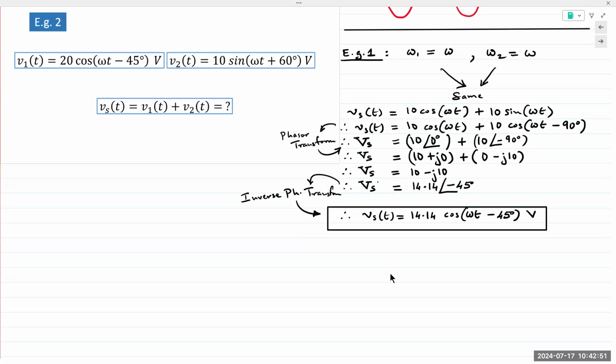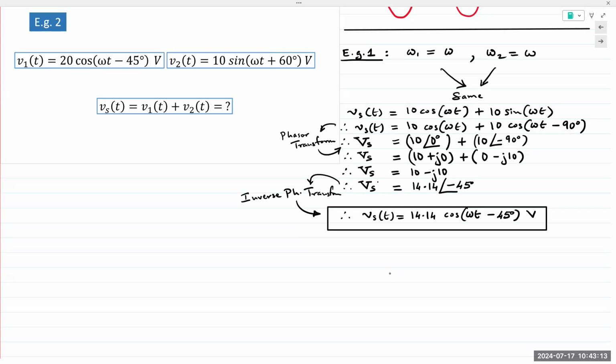Well, purely as math, yes, you can transform sine and cosine back and forth. But the phasor transform itself is not going to work, because it's a vector based on the cosine. Cosine would be the adjacent side divided by the hypotenuse. So if it's sine of the angle, it wouldn't work.